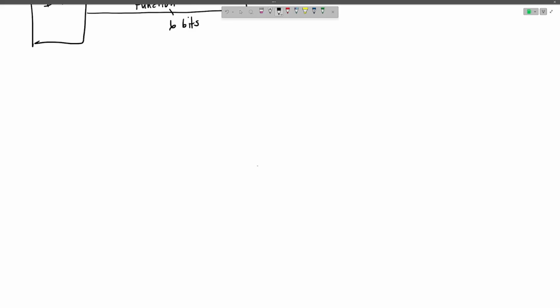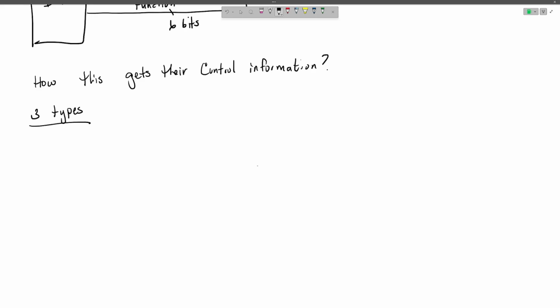So how does this get its control information? Well, in MIPS we have 3 types of words or instructions. We have the R types, and this is going to be the format.